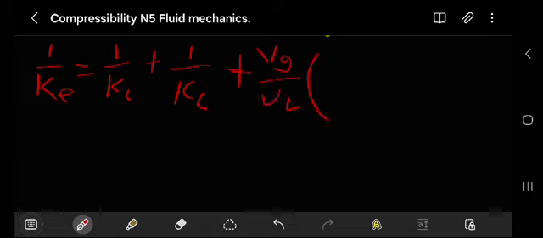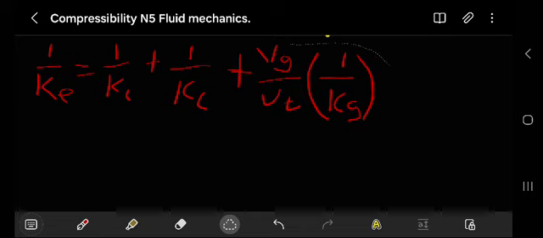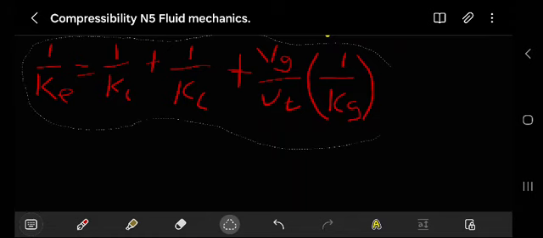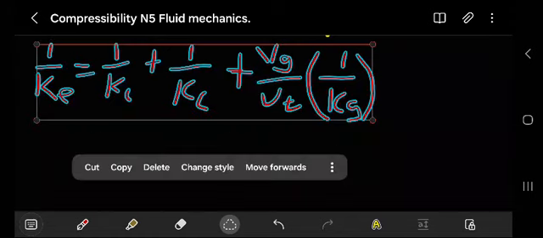This into 1 over KG. You must know this formula sheet. It's important for you to know this formula, right?